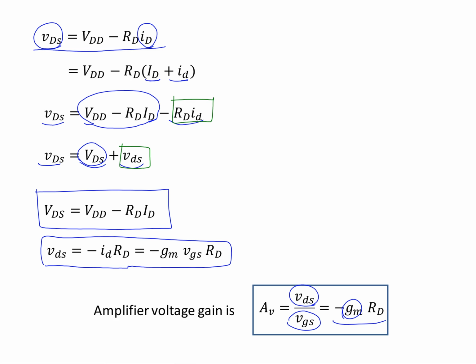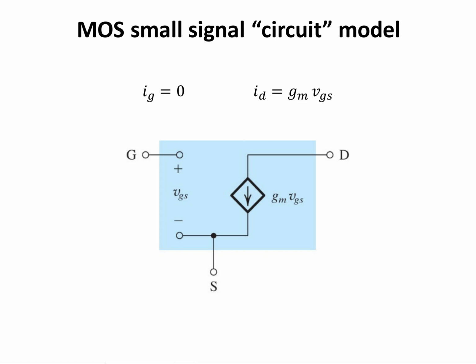So the signal gain of the transistor is going to depend on the DC parameters of my transistor as well as the drain resistance. Now I'm going to use the derived equations for the small signals to develop a small signal equivalent circuit model for this transistor.